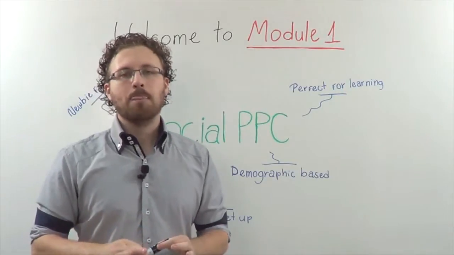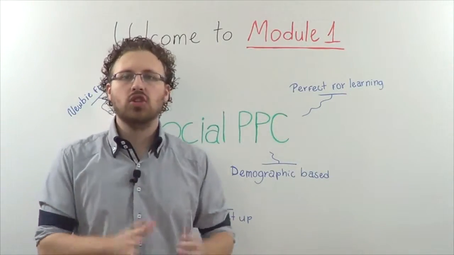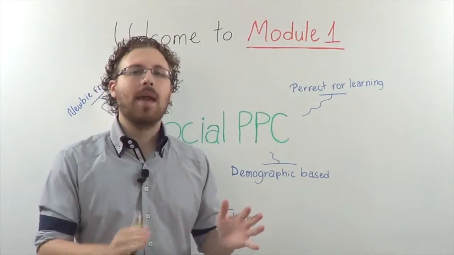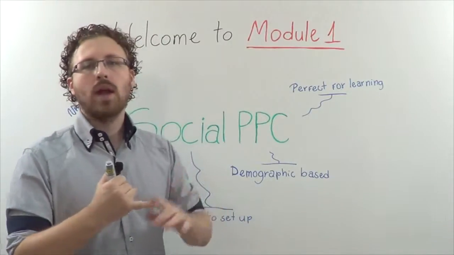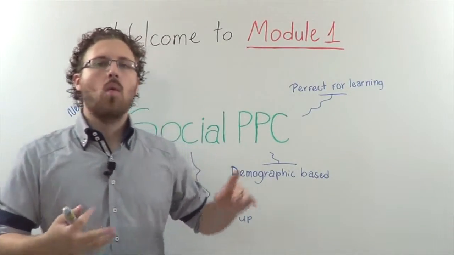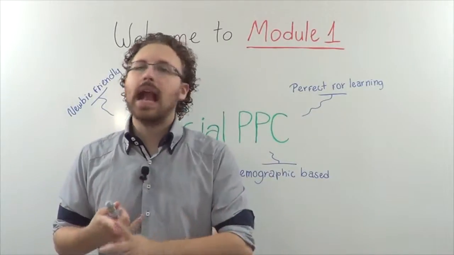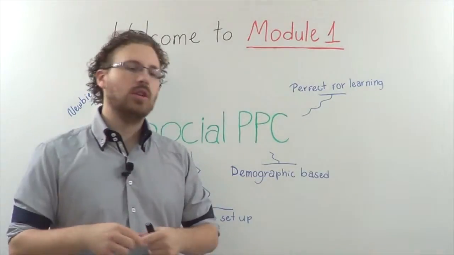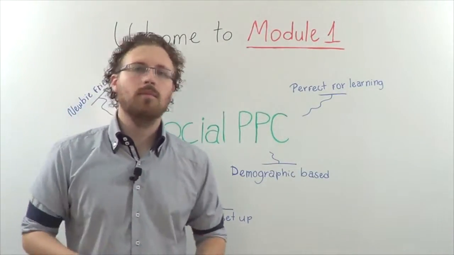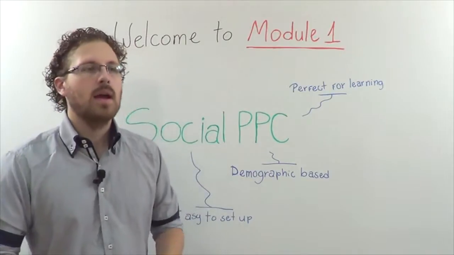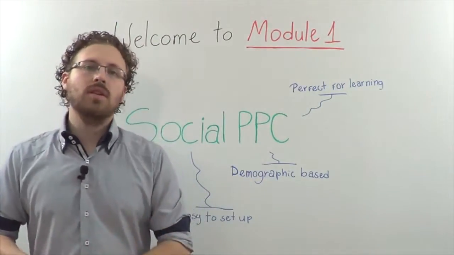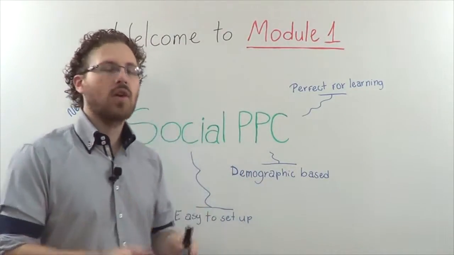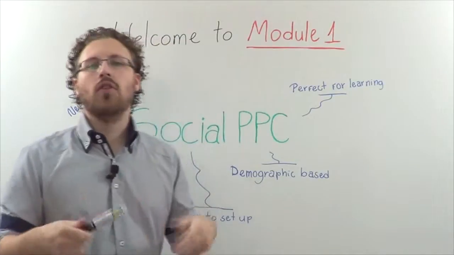Basically, when you set up a campaign on a social PPC platform, you specify what type of people you want to target: what country, what age range, what gender, sometimes what income level, what education level, if they are interested in men or looking for women, if they're single, married, divorced, you name it. You're going to be targeting people based on their demographics and on their interests.